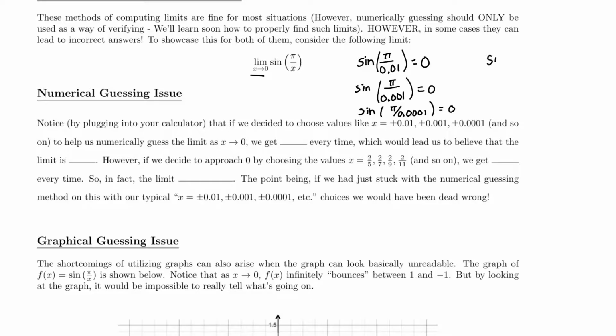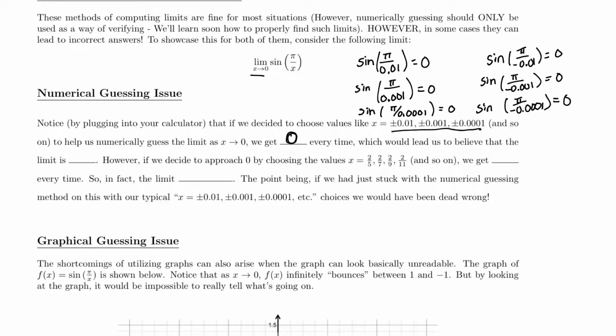And if you try the negatives, if you try sine of pi over negative 0.01, you're also going to get 0. If you go this direction, you're also going to get 0. So it would really appear like the limit should be 0. You're going to get 0 every time if these are the numbers you choose.